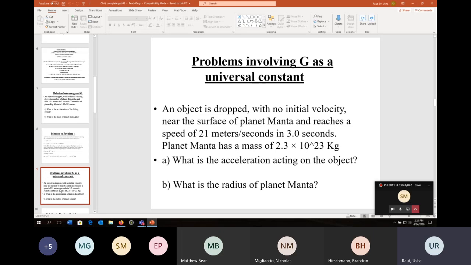But here you're given the velocity, so one equation that should come to mind is v equal to v0 plus at. Because it's dropped, there's no initial velocity, and with the final v, you can use that to get the acceleration due to gravity. So let's take a look at that.